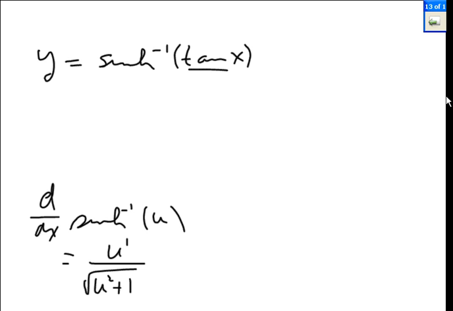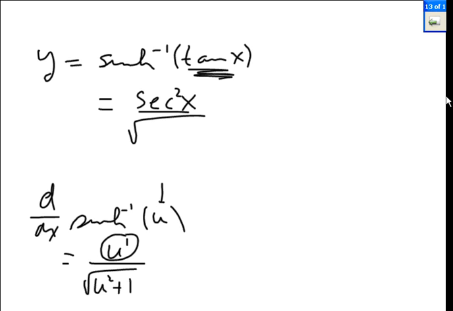What's u? Tangent x, alright? So I get the derivative of tangent x on the top, which is just secant squared x. And on the bottom, I get the square root of u squared plus 1, tangent squared x plus 1.